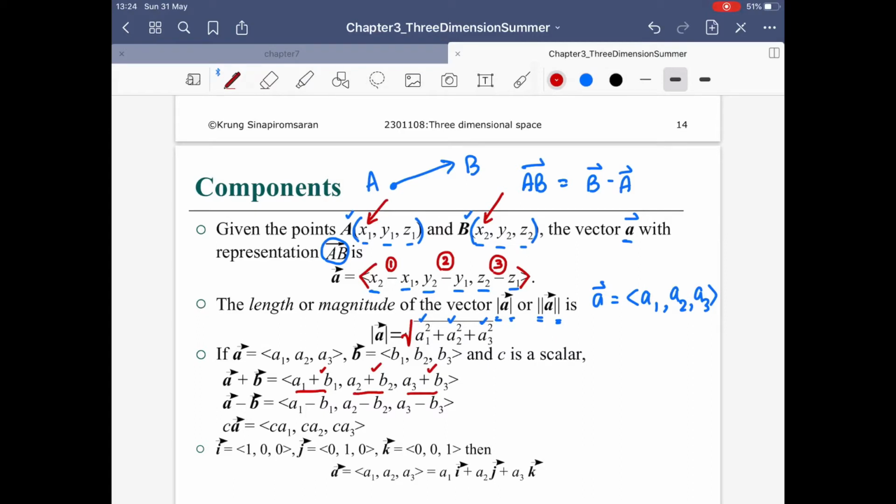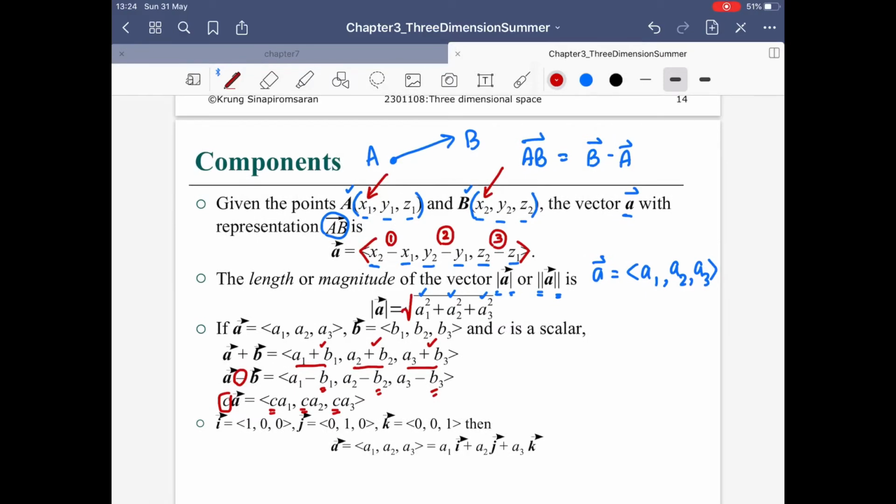If you need to find A minus B, you just do a subtraction in each of the components. If you have a scalar multiplied by this vector, you just multiply the scalar by each component of the vector.